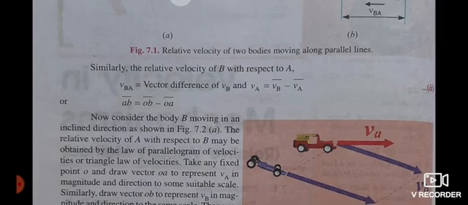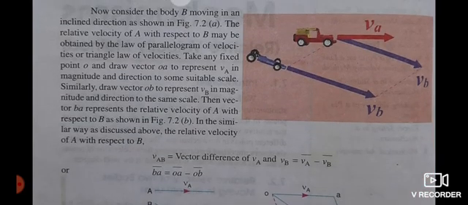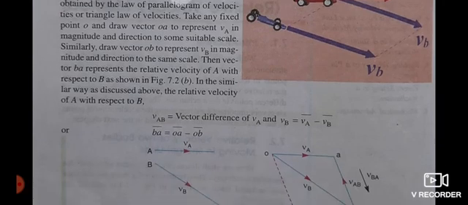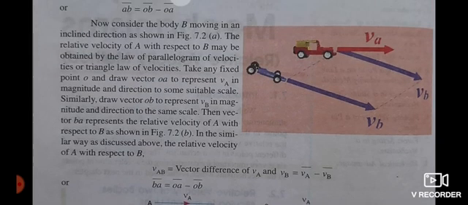Now consider the body B moving in an inclined direction, as shown in figure 7.2a. B is moving in an inclined direction with velocity VB, and A is moving in the horizontal direction.